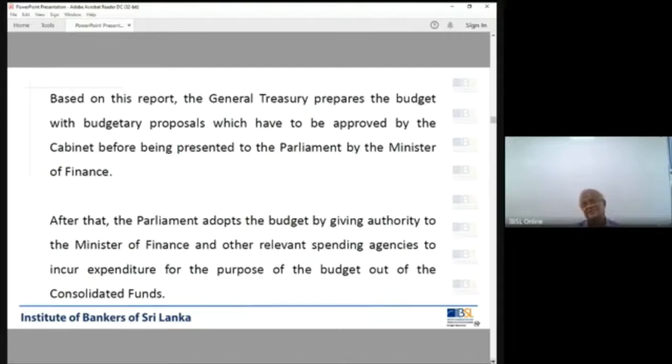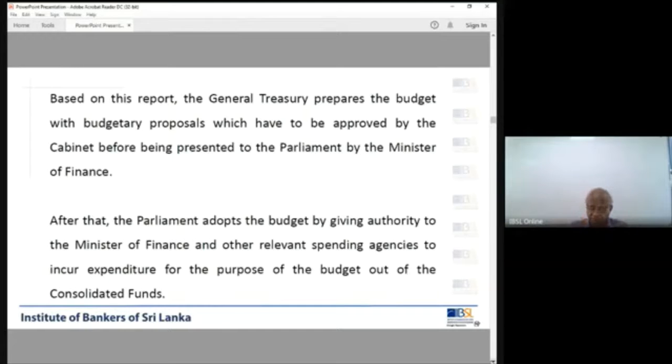In this kind of internal discussion, internal reallocations can be done. But Parliament should approve. Once the parliament approves, they adopt the budget by giving authority to the Minister of Finance and other relevant spending agencies to incur expenditure for the purpose of the budget out of the consolidated fund.